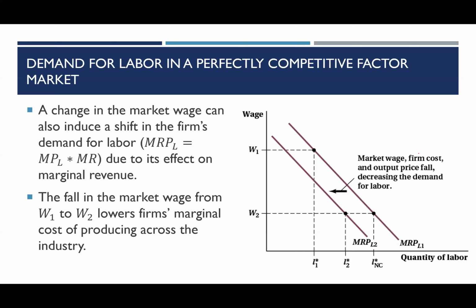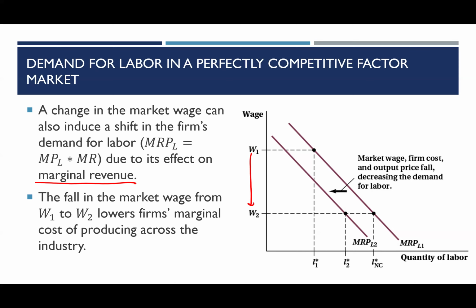All right. A change in the market wage can also cause a shift in the firm's demand for labor, but this is going to be due to the impact on the firm's marginal revenue. So let's walk through this together. If the market wage goes from being wage 1 to wage 2, that's going to mean that now the firm is paying less for its workers.